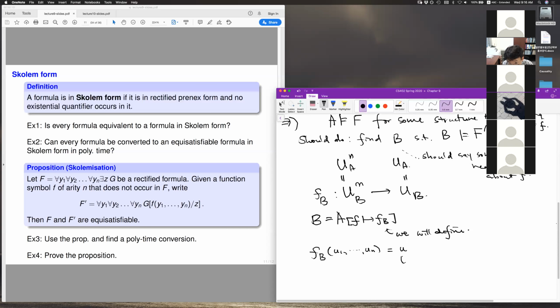Now we have to describe how this u is chosen. This u is something that makes the following true: y1 ... and z ... G to be true. We know f, I use g here.